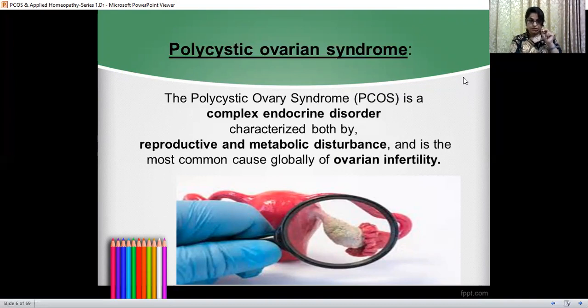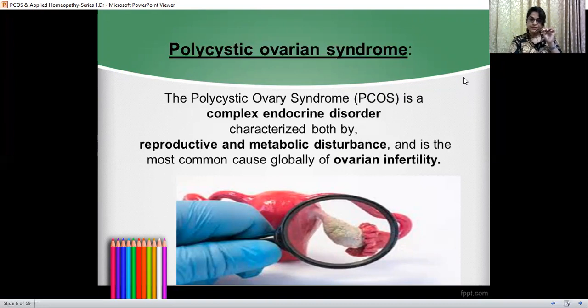Now see, first it is said that it is a complex endocrine disorder. It is not a simple endocrine disorder, it is a complex endocrine disorder, characterized by reproductive and metabolic disturbance. Now what is endocrine? Endocrinology deals with the hormones. Wherever there is disturbance in hormonal level, that goes under endocrine disorder.